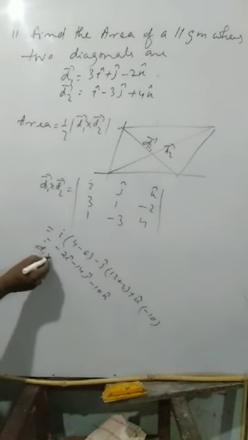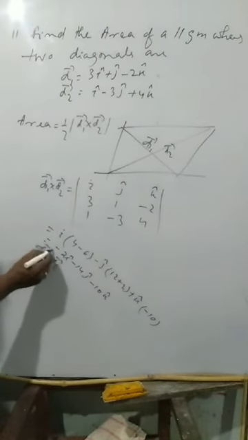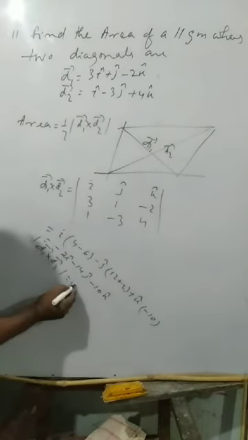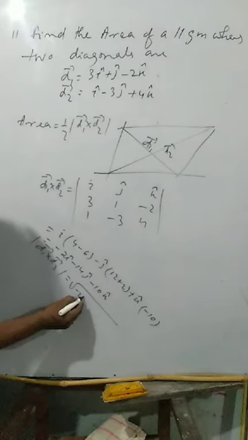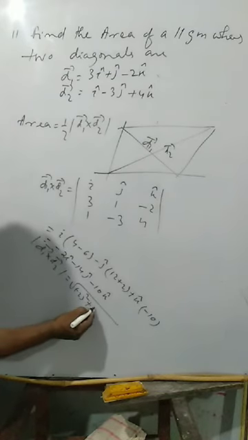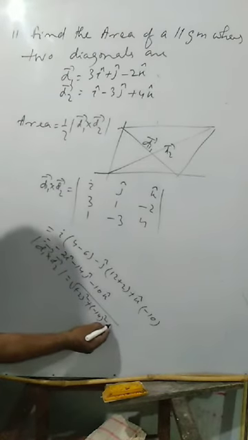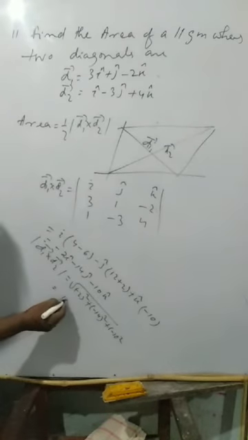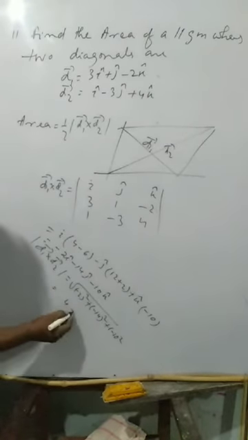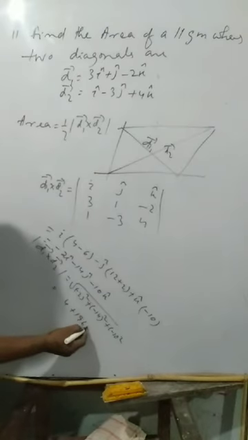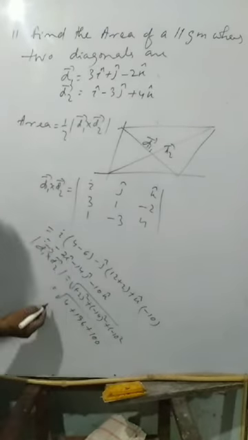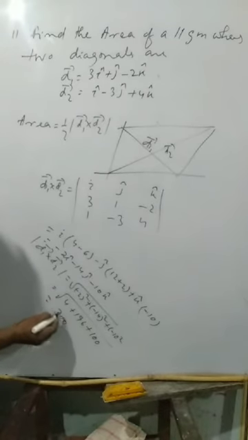Then you find d1 cross d2 magnitude. d1 cross d2 magnitude equal to the square root of minus 2 square, minus 14 square, minus 10 square. This is 4, this is 196, plus this is 100. 200, 300.